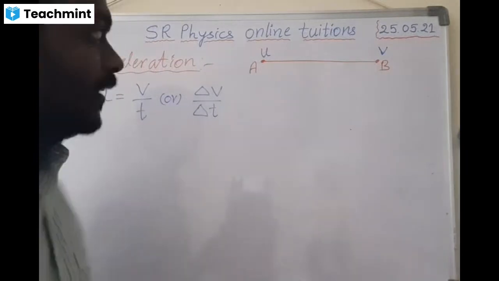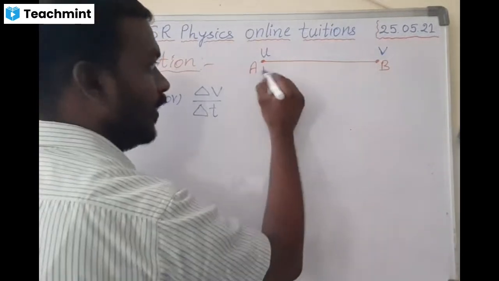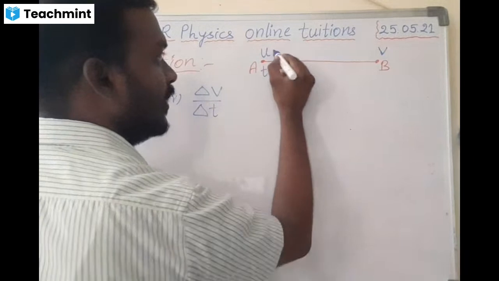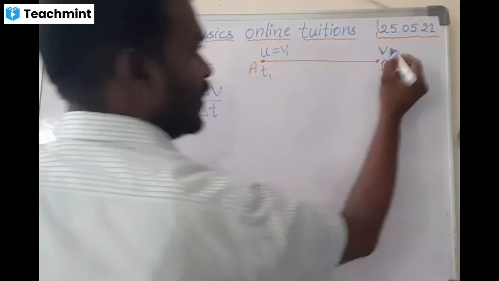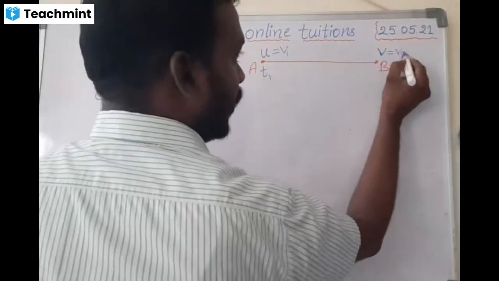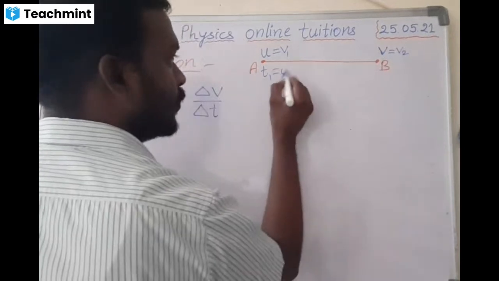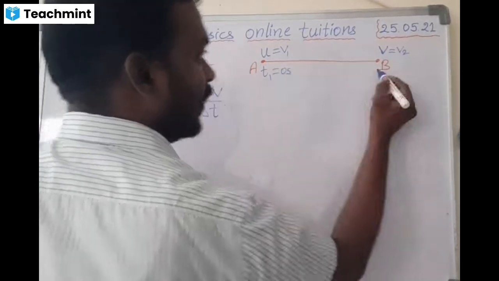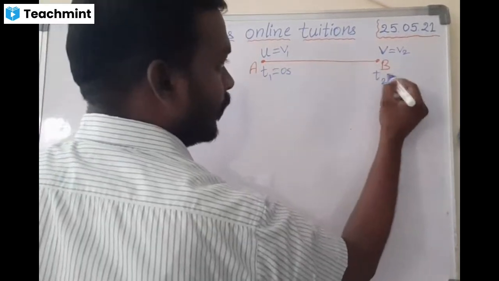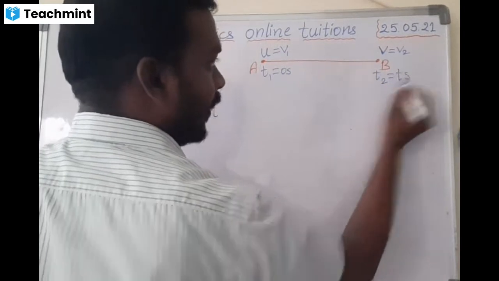The time at the first point is t1, which is 0 seconds, and here t2 is T seconds.